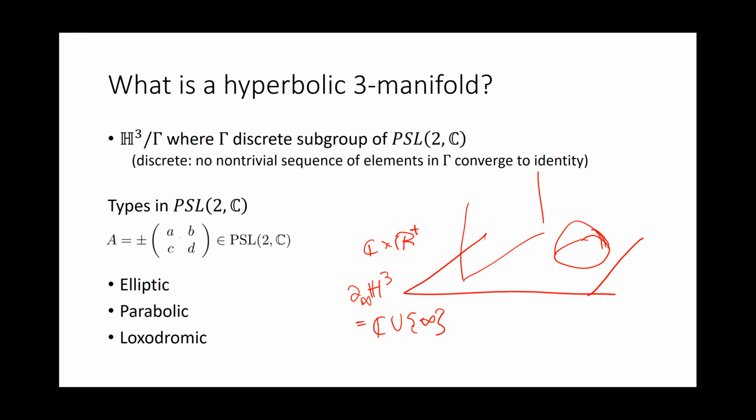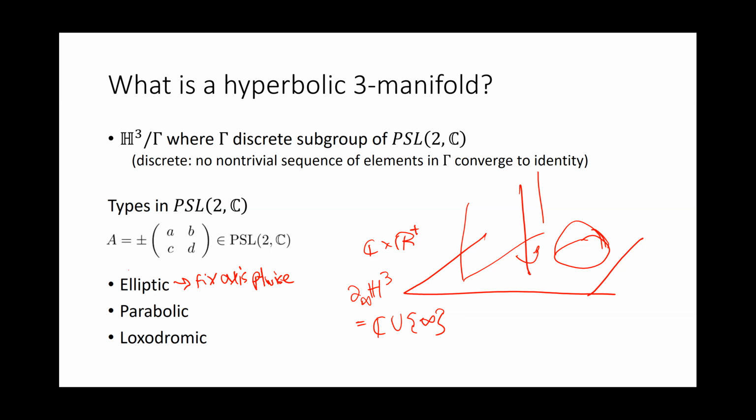So you may recall that there are 3 types of elements in PSL2C. There are elliptic ones. Elliptic ones fix an axis pointwise, so they'll rotate along that axis. That's elliptic.